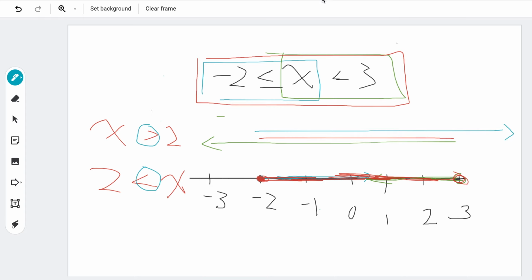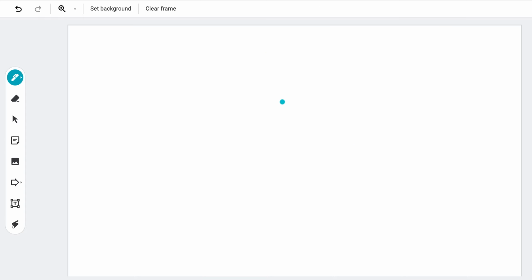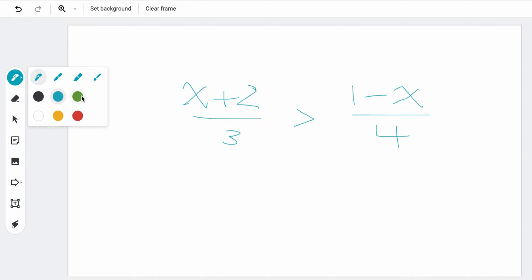So I'm gonna go over one more rule with you guys, and this rule is just an extra rule that you guys might find yourselves coming across. So we have (x plus 2) over 3 is greater than (1 minus x) over 4. Now, when we are solving this in an equation, we can easily do this by just cross multiplying, right?